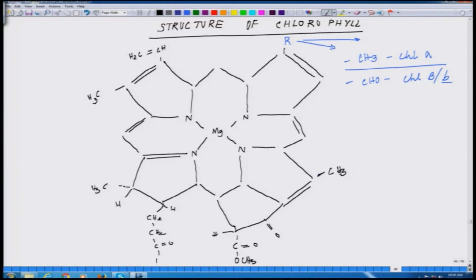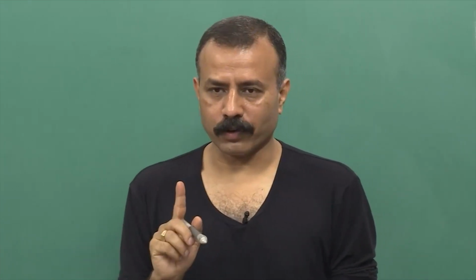And there is something called an R. This R is again very important for you to keep track of, and I will talk about it in a few minutes. One small thing: this bond is wrongly placed here. Actually, this should happen here.